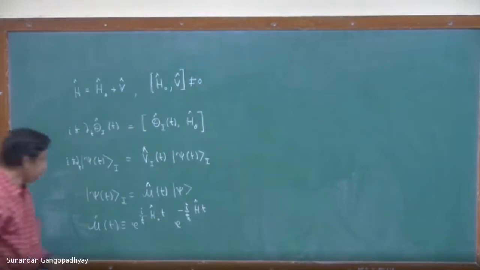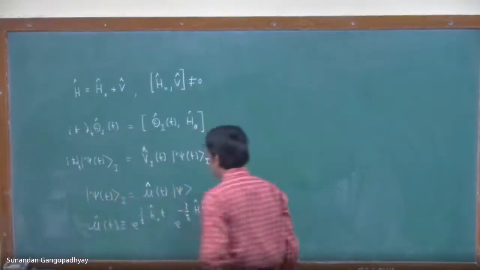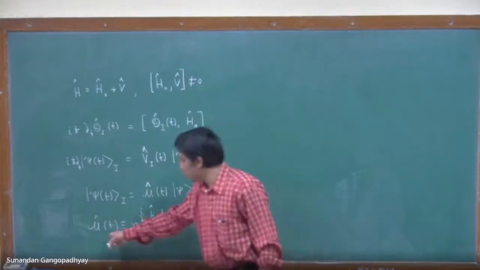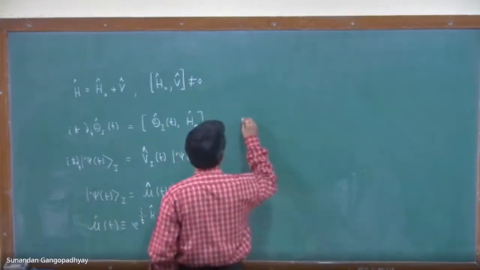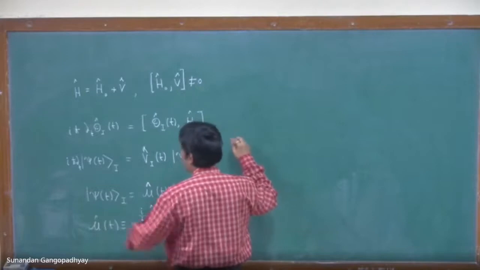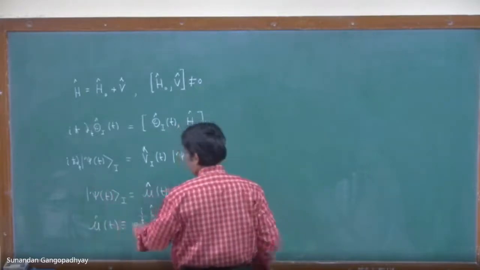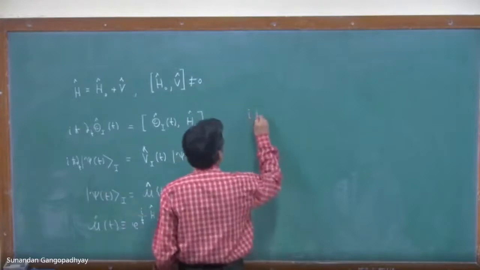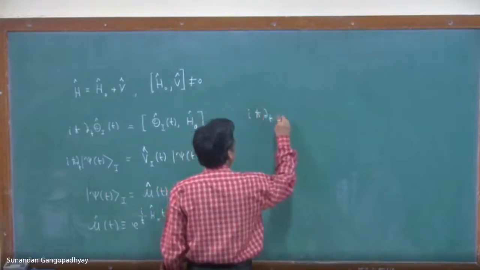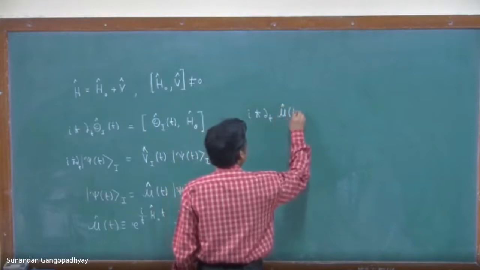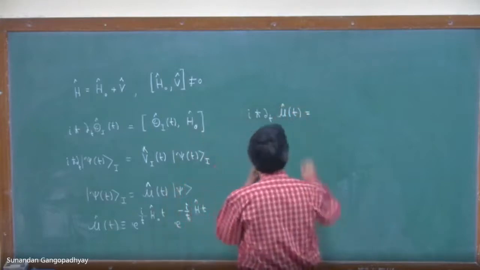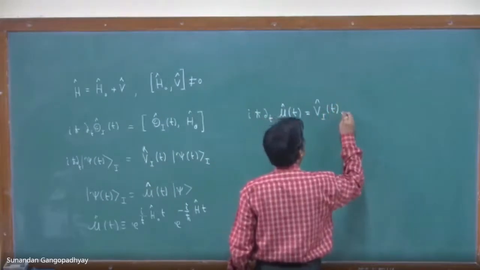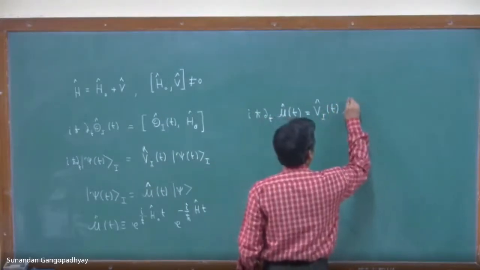And we have seen that since psi ti satisfies this equation, therefore U hat t also satisfies a similar equation, that we can immediately find out. So if we just substitute this thing here, then we shall immediately get that this is equal to V hat I t U hat t.